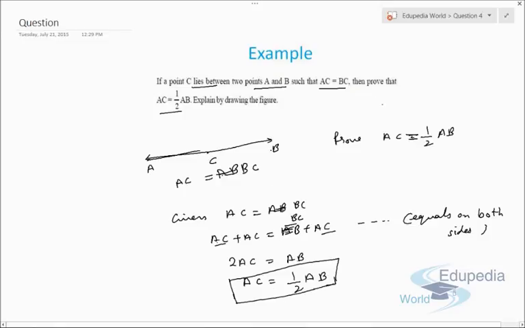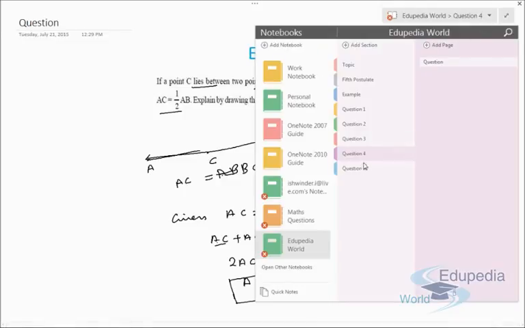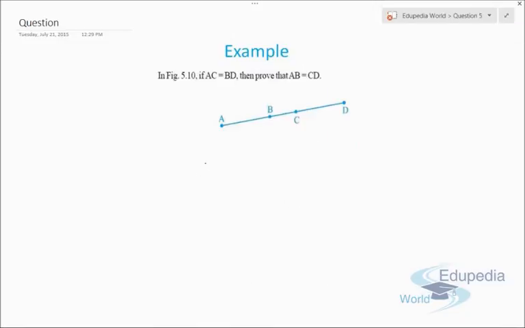So this is how we can prove this question. Now let's move on to the next question, which is also the last question of the video. Question number 5 says that if AC equals BD, then we have to prove that AB equals CD.